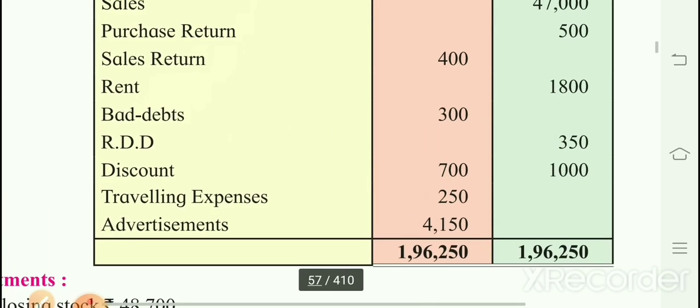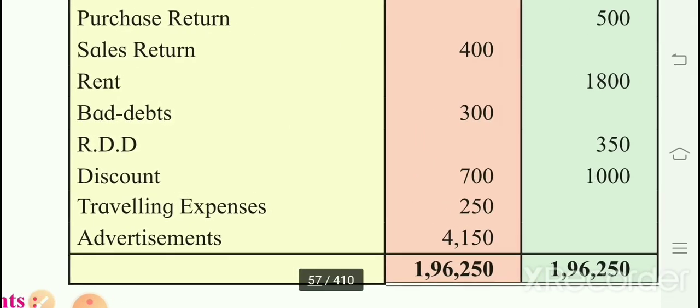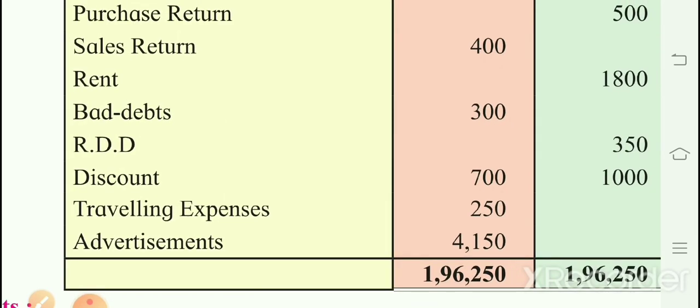The step which we followed is we write the old bad debts, then we add the new bad debts and new RDD to this amount, and out of this total amount we used to deduct the old RDD. If we follow the same step here, that is, if we deduct old RDD of rupees 350 from old bad debts of rupees 300, we will get the figure in minus, that is minus 50 will appear in the outer column.